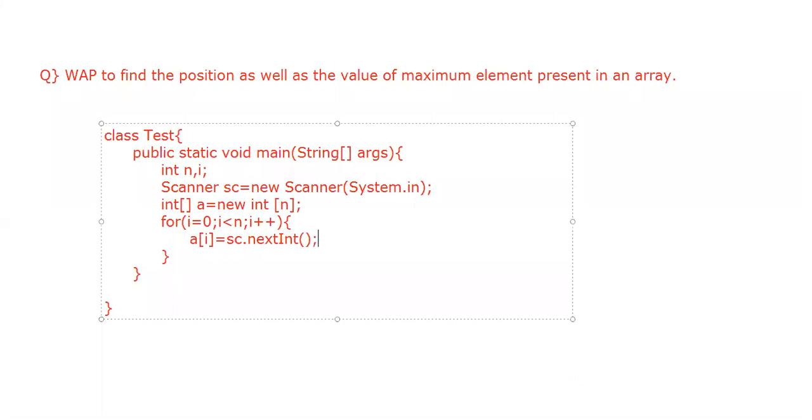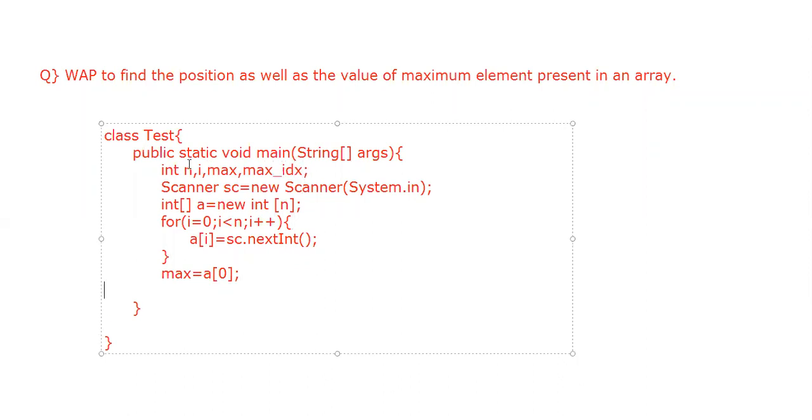I believe you are getting what I want to say. So by this line of code, what we are doing? We are filling the array, right? Yes. Then we will initialize the maximum element as the first element, that is a[0]. So we will have a variable called max, and we will have a variable called max idx, and then we will have max idx is equal to 0.